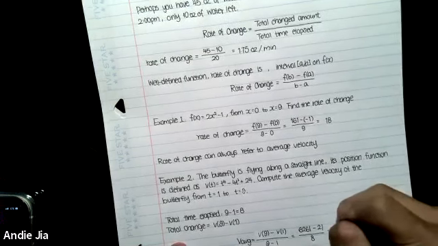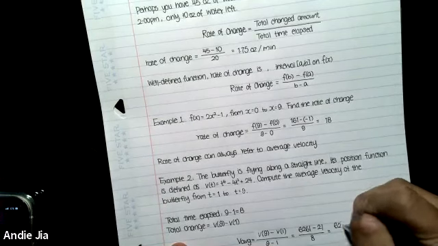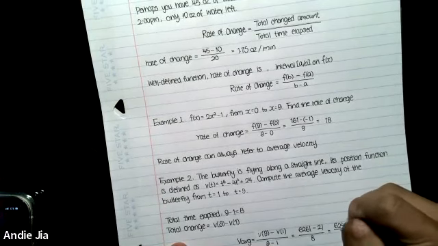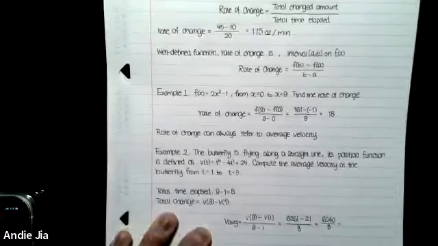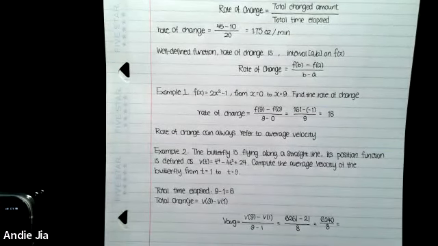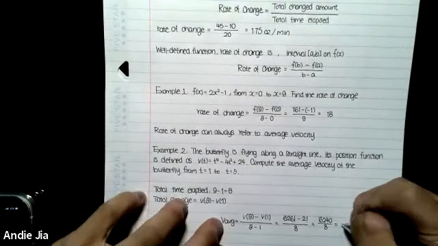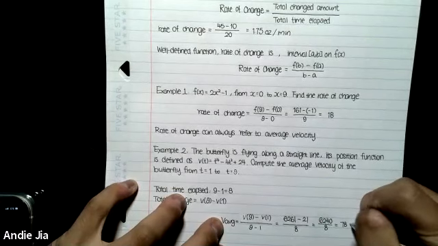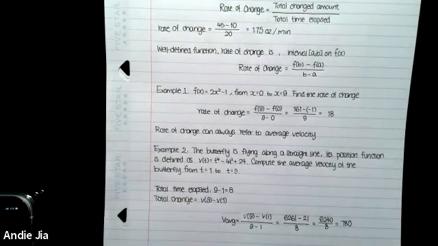It is 6,240 over 8. And what we have, 780, is the average velocity in this time interval.